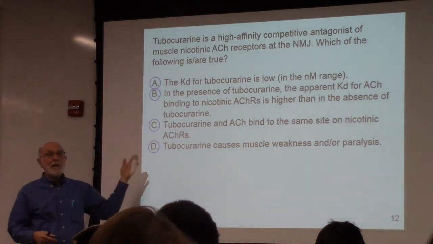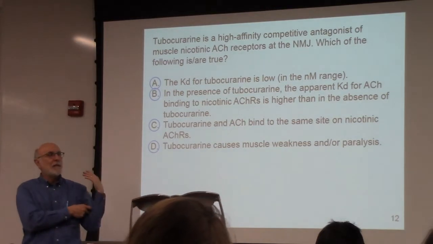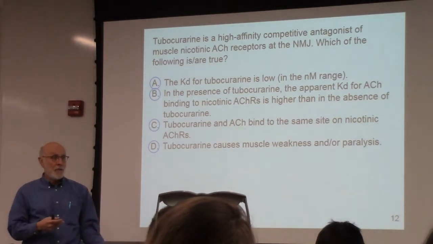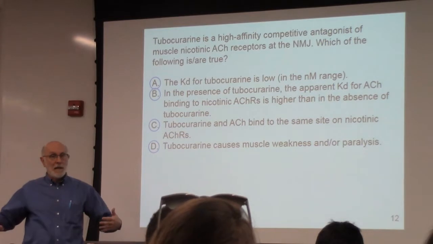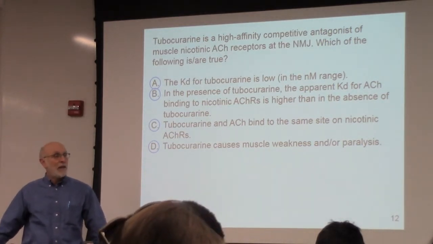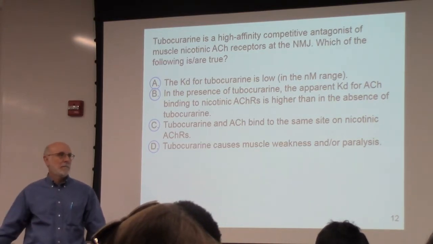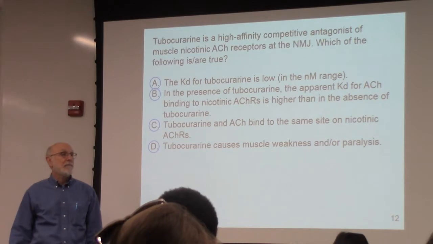So this is flaccid paralysis. I can't contract the muscle because the muscle is weak. The other type we've talked about is spastic paralysis, where I can't relax the antagonist muscle. Both of those cause paralysis.